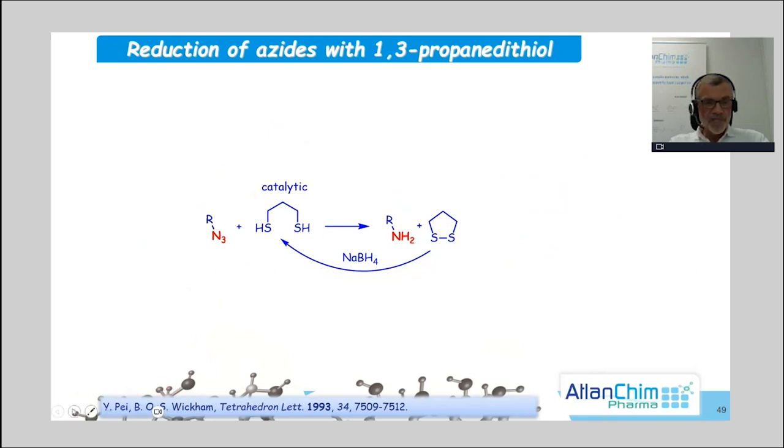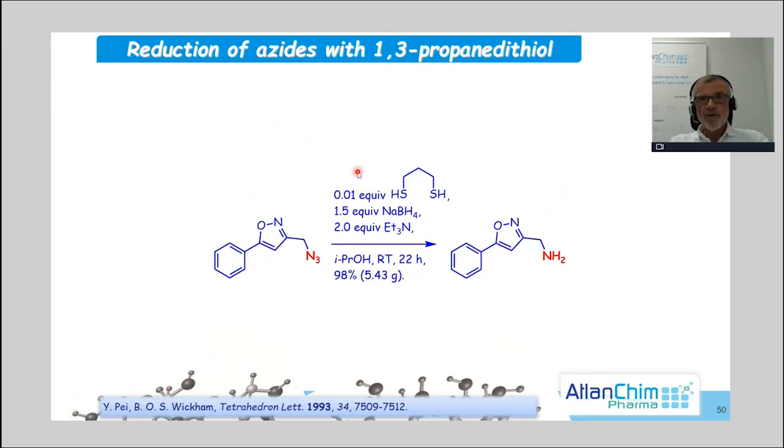This procedure was applied to this azide to give, with only 1 mole percent of 1,3-propanedithiol, the amino derivative here in almost quantitative yield on 5-gram scale.